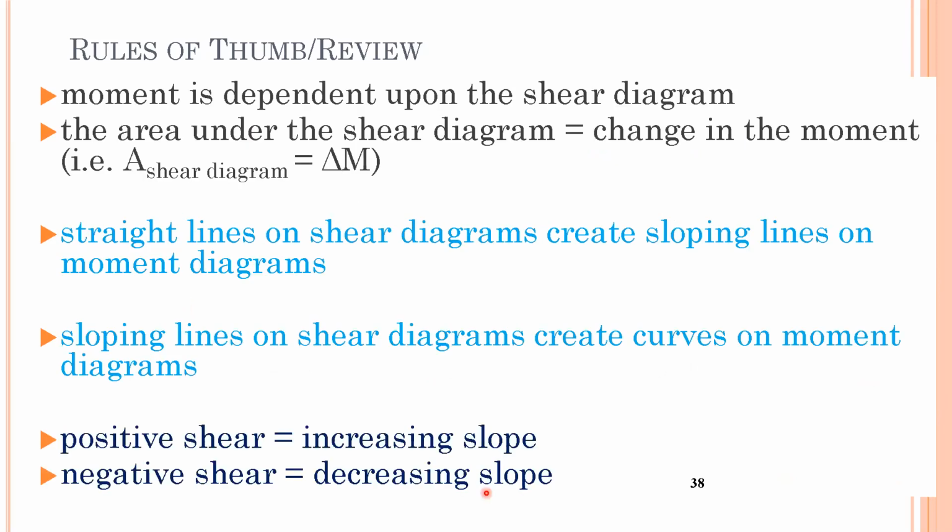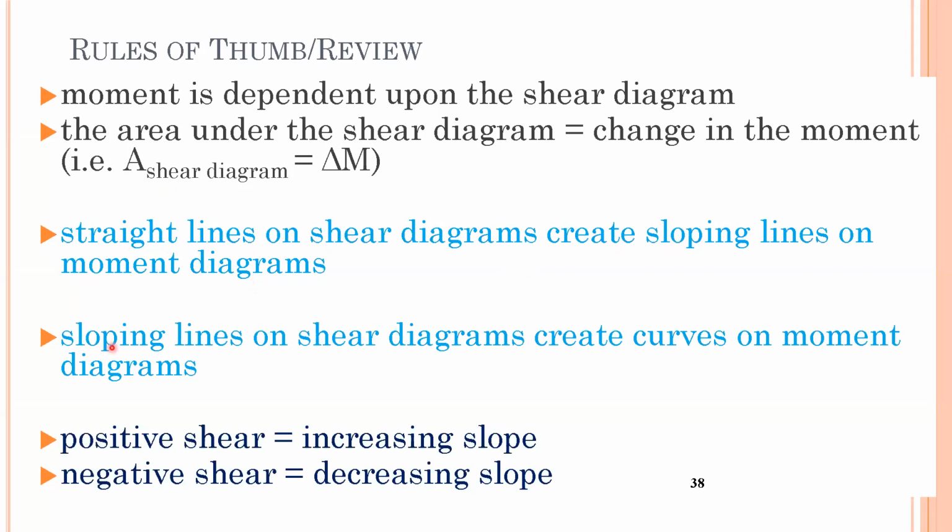All right. Moment is dependent upon the shear diagram, right? So the area of your shear force gives you your bending moment. The area on the shear force is equal to the change in the moment, so that's something you need to remember. A straight line on the shear diagram creates a slope on the moment diagram.